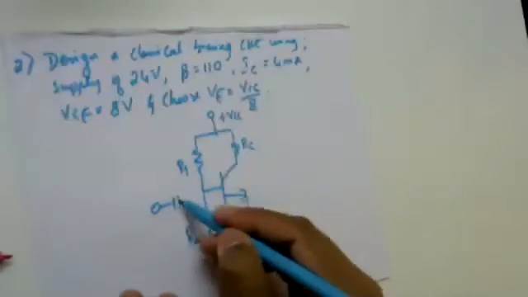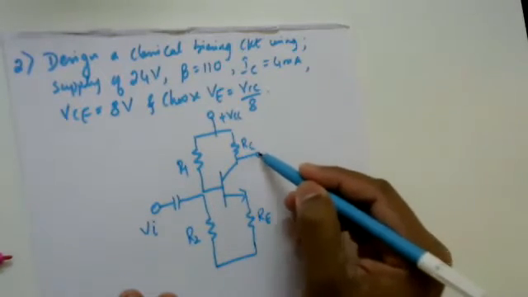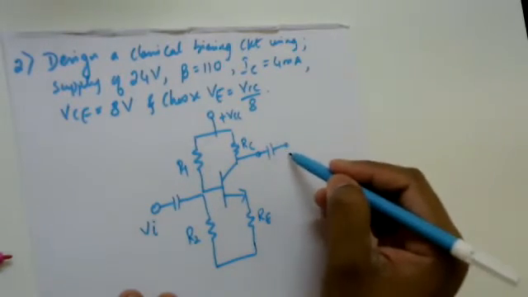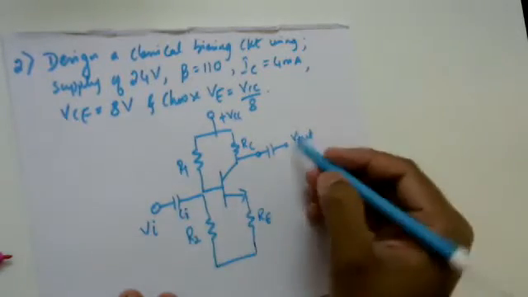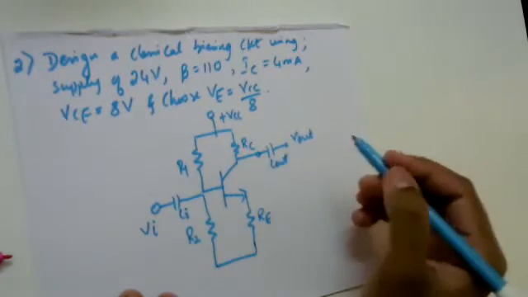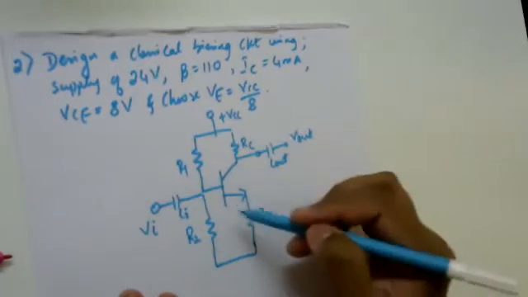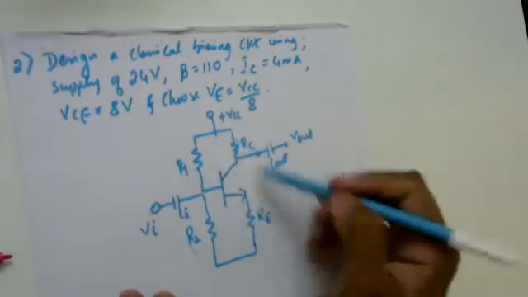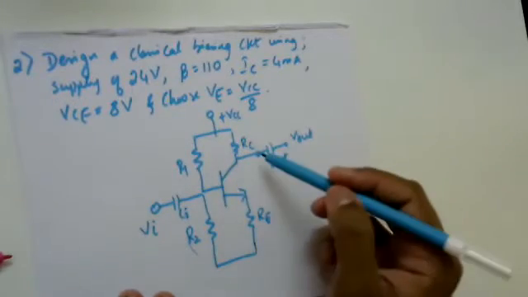This is your C1, wherein you are going to apply input voltage. Here you are going to have your capacitance, so here you will get your output voltage. So this is your C in, and this is your C out. Okay, so this is your circuit. He's asking us to design the values for this circuit.